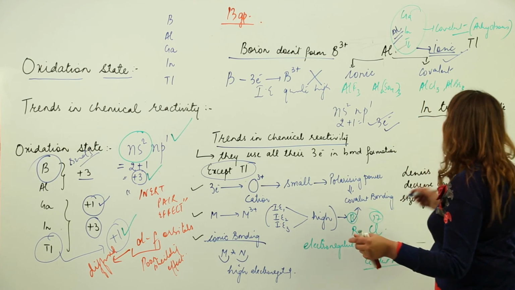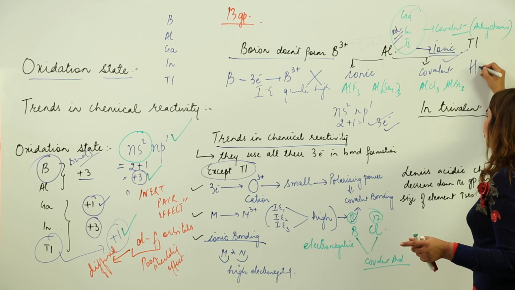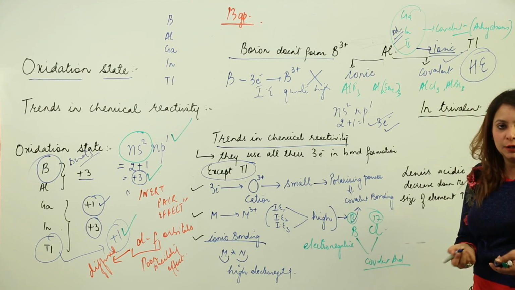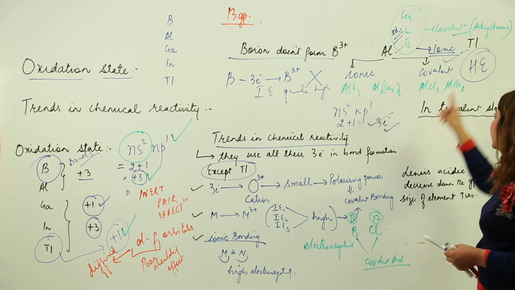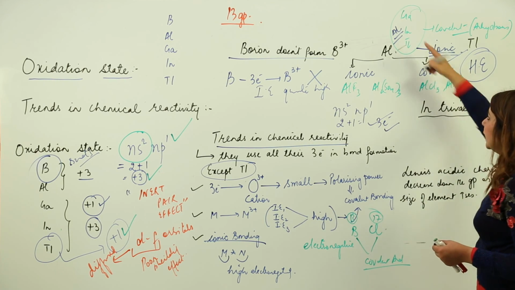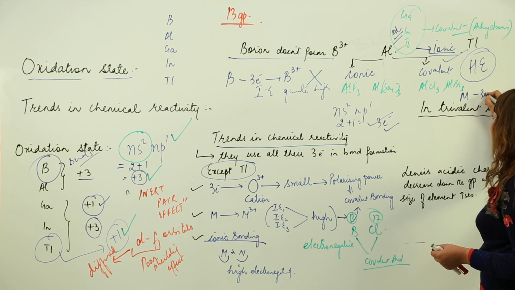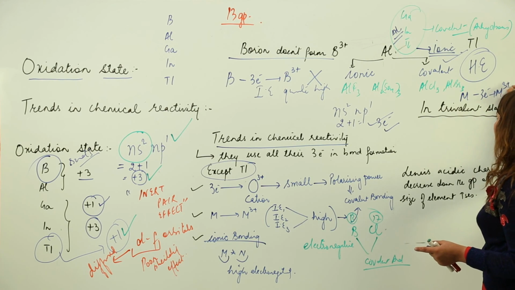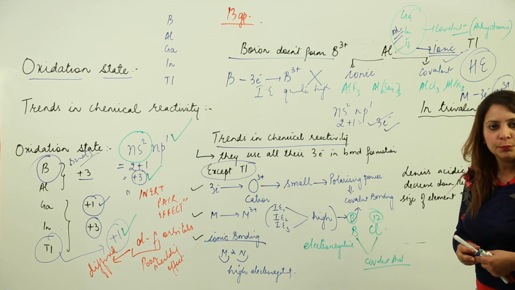And when they get hydrated to a great extent, we know they will be releasing more hydration energy. This energy is actually utilized for converting these metals, that means they can lose their electrons and convert into M3 positive.